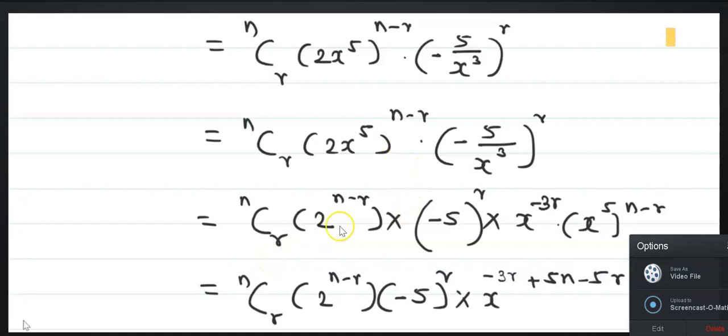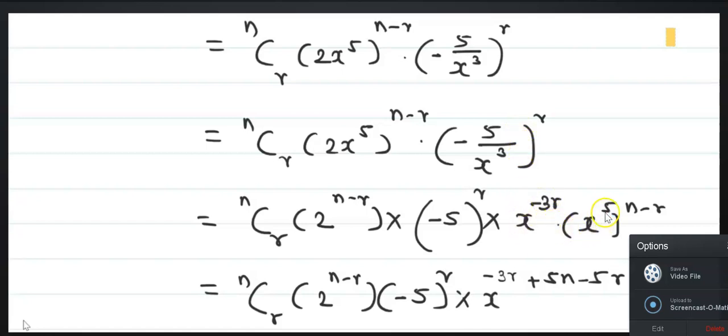Therefore, we split up here, that is 2 raised to n minus r into minus 5 raised to r, (x raised to 5) bracket raised to n minus r, and here x raised to minus 3. Because here x is in the denominator, when its power comes to the numerator, it becomes minus, and therefore x raised to minus 3r.